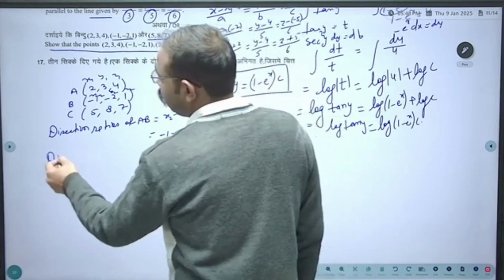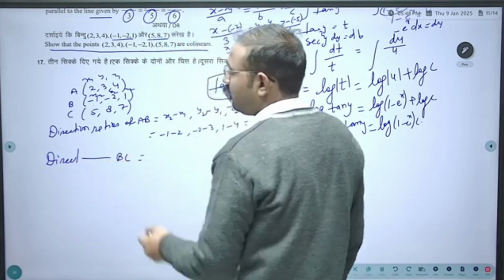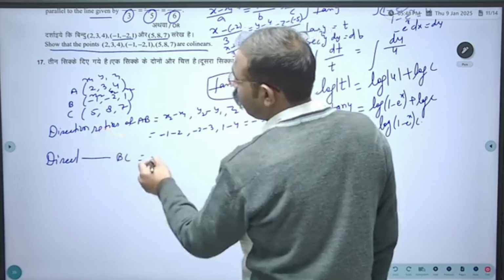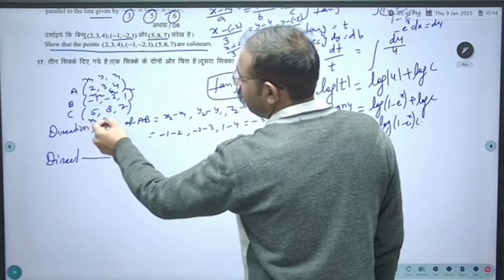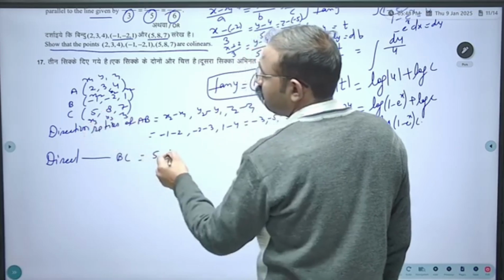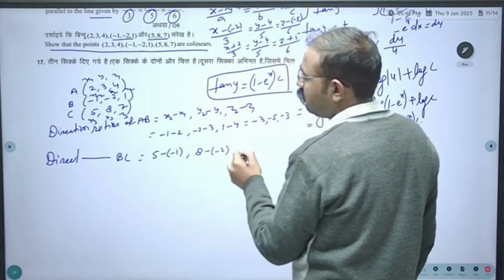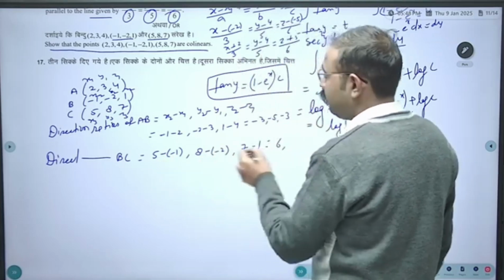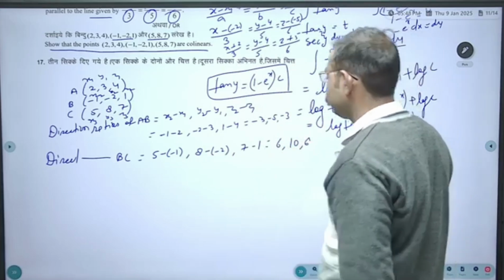Then the direction ratios of BC. How will we find them? With x3, y3, z3: 5 minus minus 1, 8 minus minus 2, and 7 minus 1. That is 5 plus 1, 6; 8 plus 2, 10; 7 minus 1, 6.